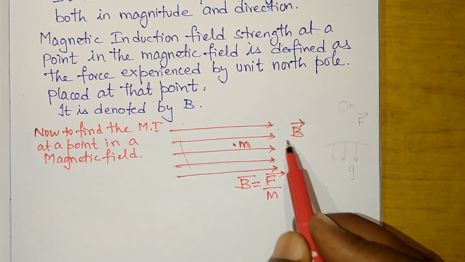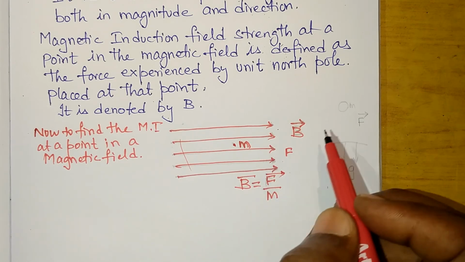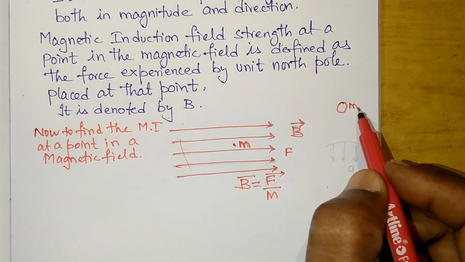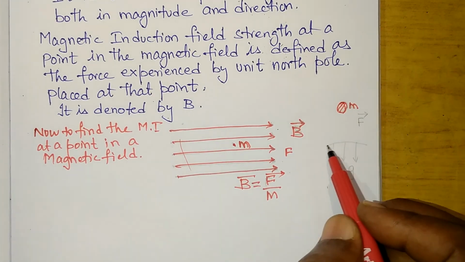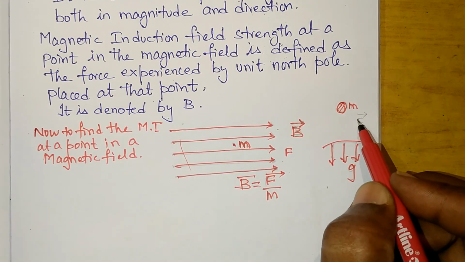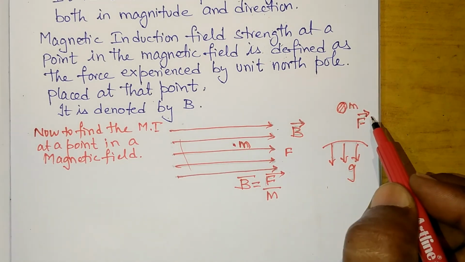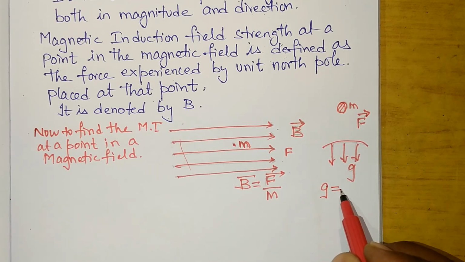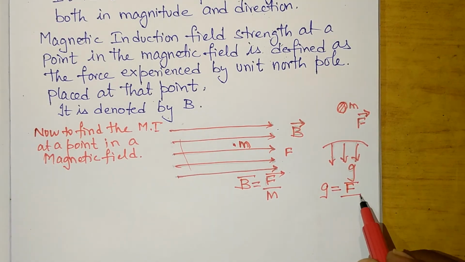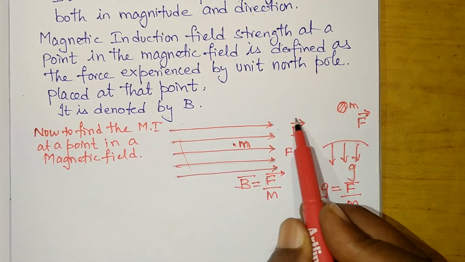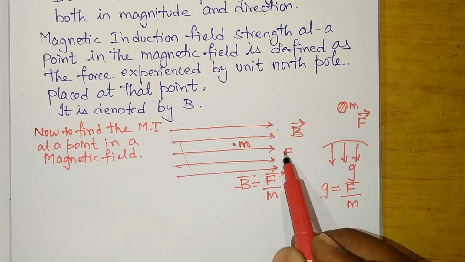Now, to understand this magnetic induction concept, I will use an example from dynamics. Suppose there is an object of mass M. When this object is placed in a gravitational field G, it experiences a force. What is the relationship between these three? The gravitational field G will be equal to F by M, the force by the mass, according to Newton's second law. Similarly, here when a pole strength M is placed in a magnetic field, it experiences a force.